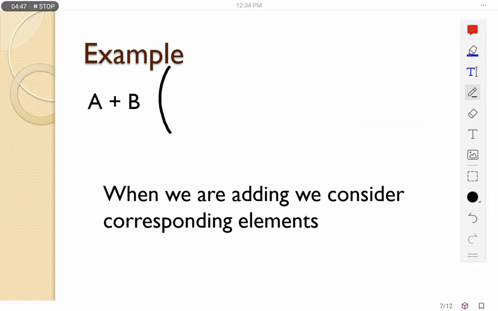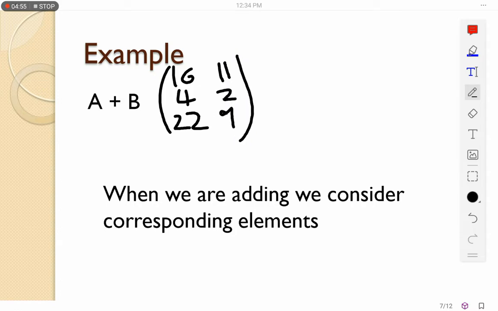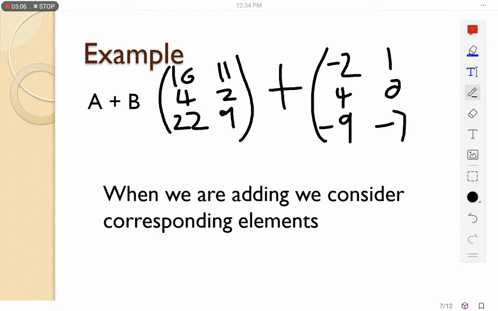I will have my 16, 4, 22, 11, 2, 9. That's my A, plus my B, which is minus 2, minus 9, 1, 0, minus 7 there.